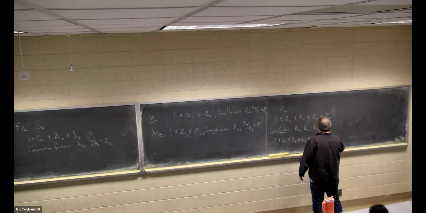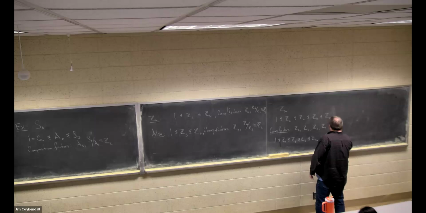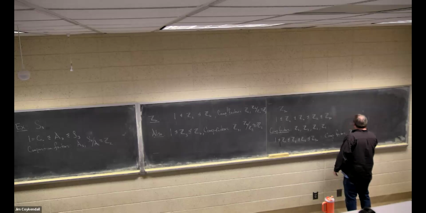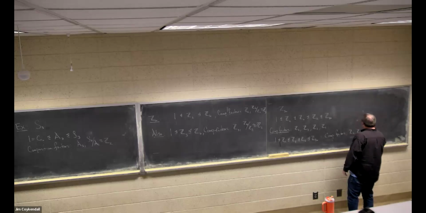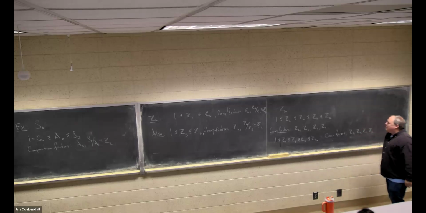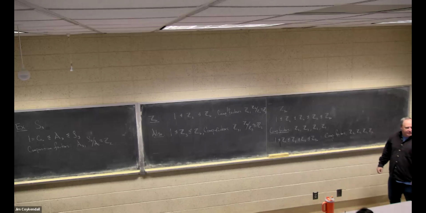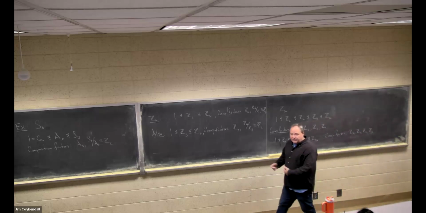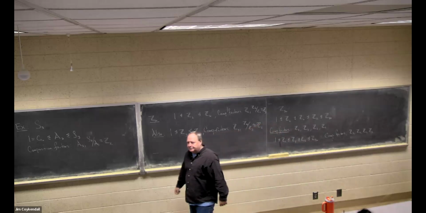The composition factors here, in the order that I see them, are Z3, Z3, C2, C2. Notice, same number of composition factors, and the composition factors are in fact the same up to reordering, right?